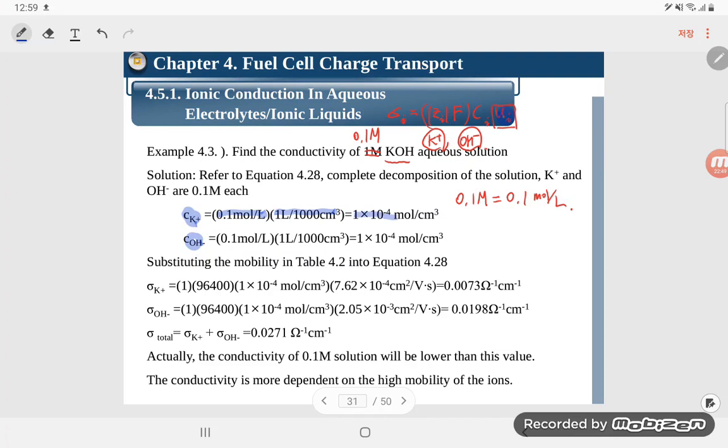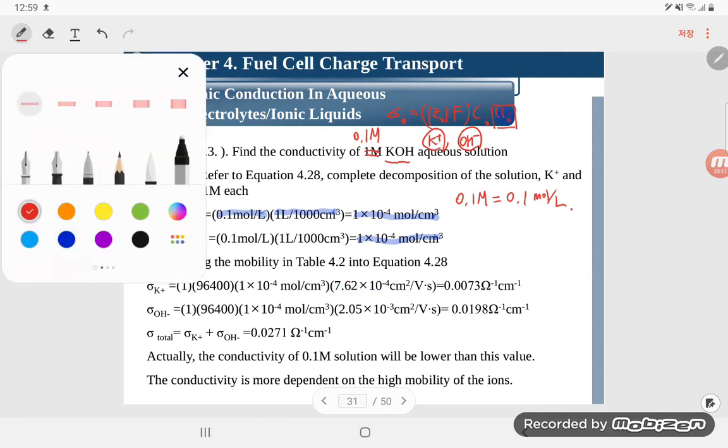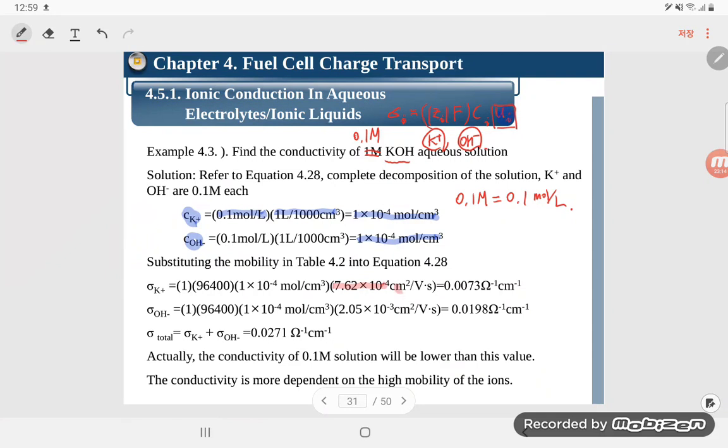Then we get the concentration in the centimeter scale, and the same for the hydroxide ion. When you substitute the mobility from table 4.2, we find this one, in square centimeters.